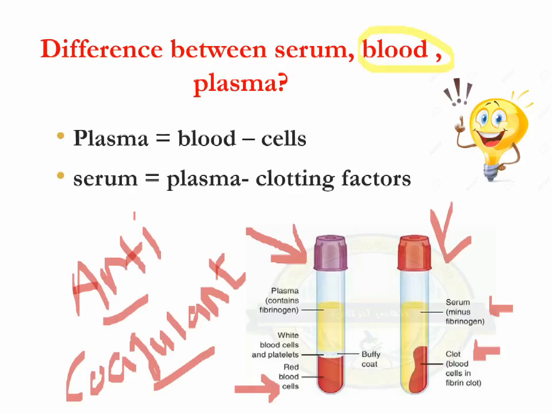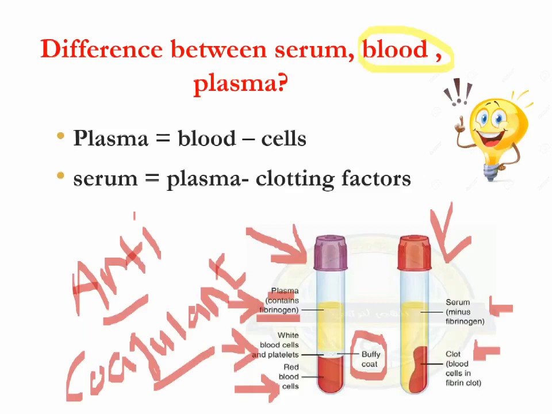In between, you will find a buffy coat containing the white blood cells and the platelets. And at the upper surface, you will find a supernatant, which is the plasma. It contains the fibrinogen and the clotting factors, which haven't been used in the formation of a clot because you already added an anticoagulant.